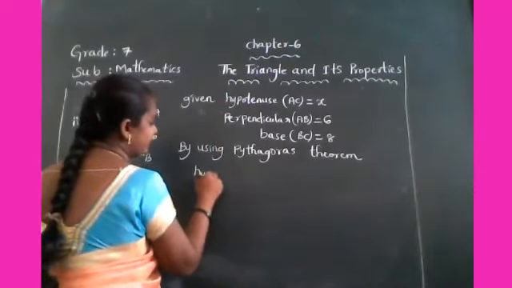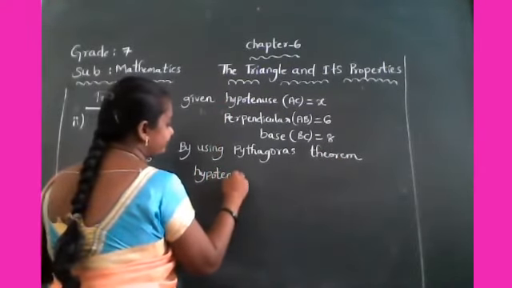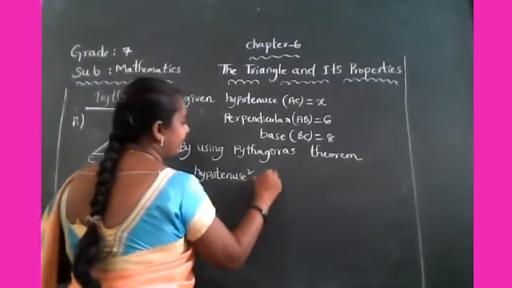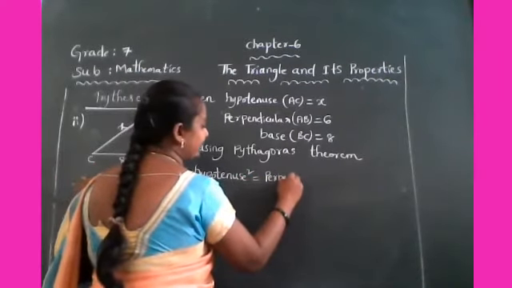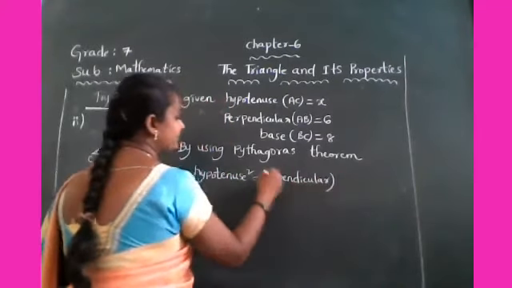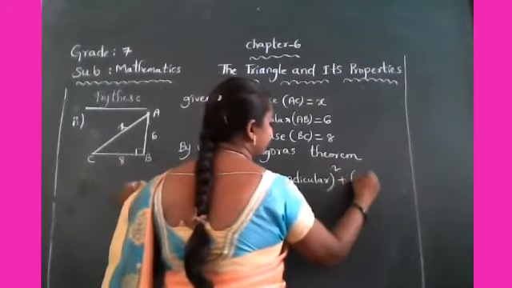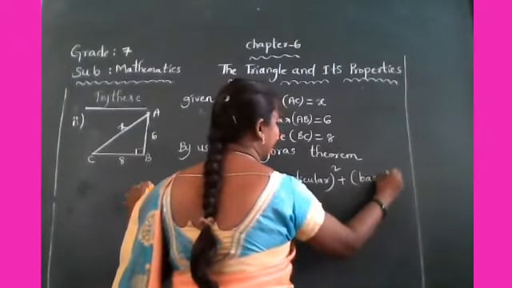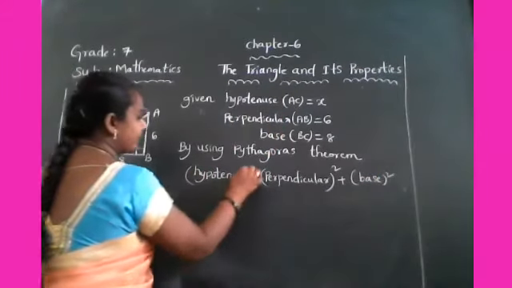By using Pythagoras theorem, hypotenuse square is equal to perpendicular square plus base square. Okay, what is the hypotenuse?